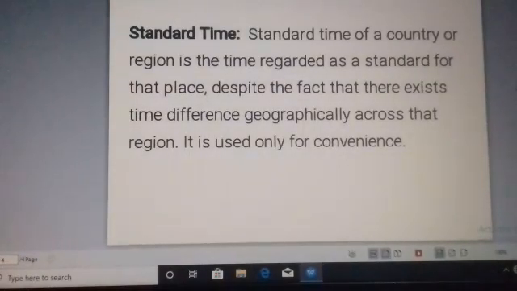So standard time of a country means the standard time adopted for the whole country. Because of the longitudinal extent of the area, we adopt a standard time which is followed all over the country for our convenience.